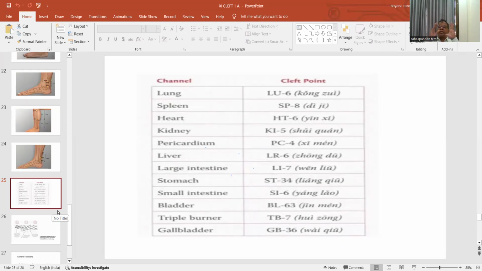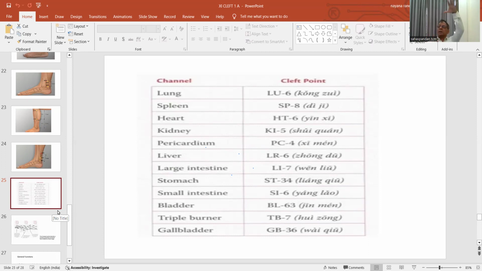A more clinically useful conception would be an area where channel qi is filtered and flow is controlled. So Xi-cleft points are like channel gates. It is like a gate on the channels, a movable gate, allowing qi to flow under it.